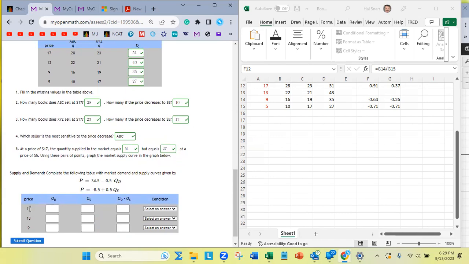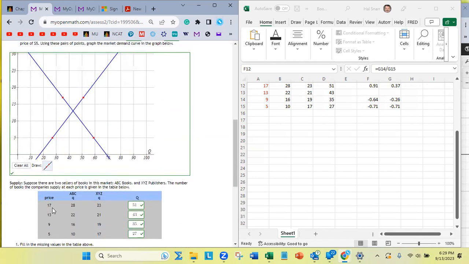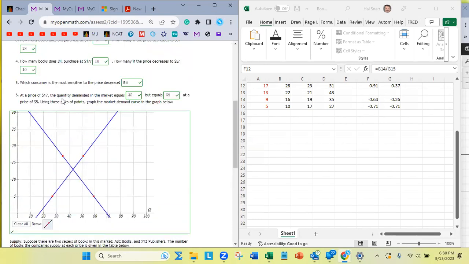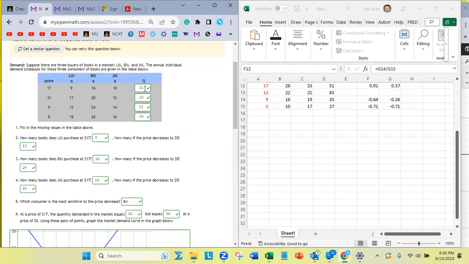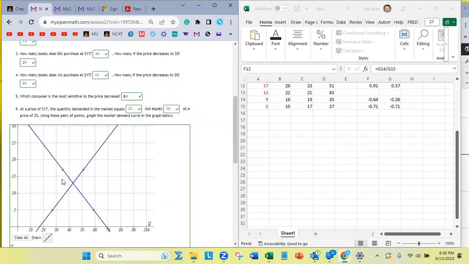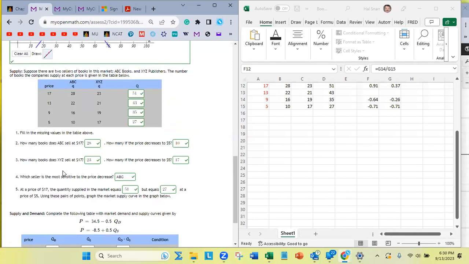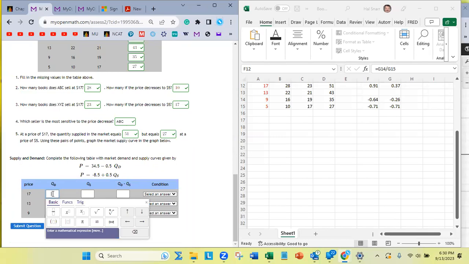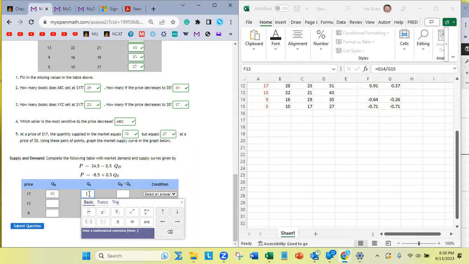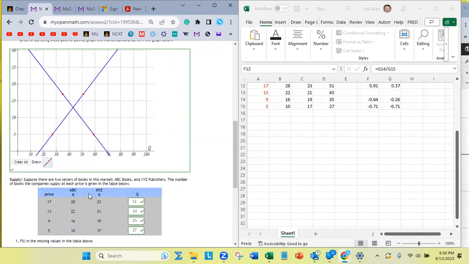Okay, when the price is 17, quantity demanded was what? When the price is 17, quantity demanded was between 30 and 40. 35. So quantity demanded is 35. This is what consumers want to buy at a price of 17. What do the two firms want to supply at a price of 17?